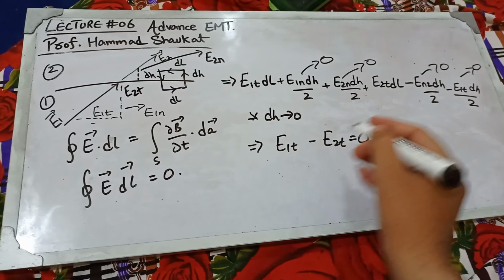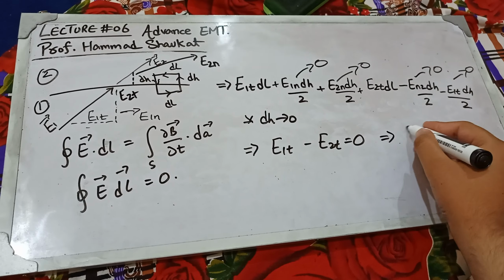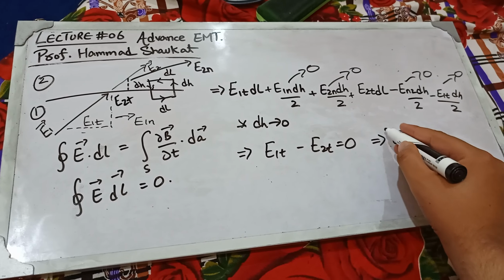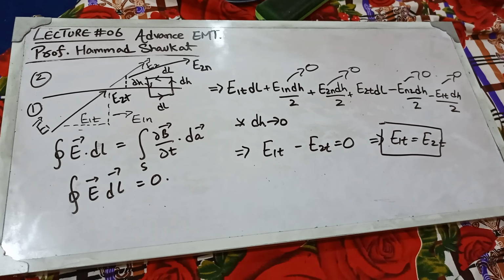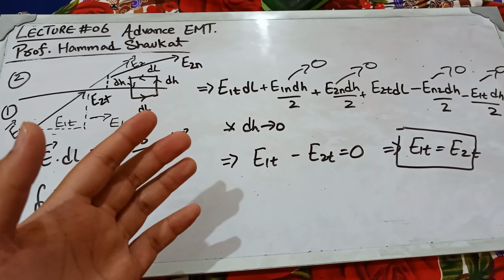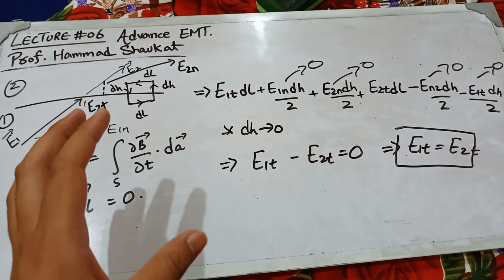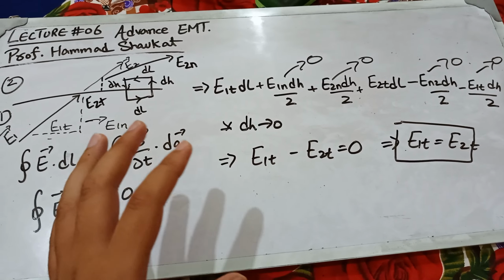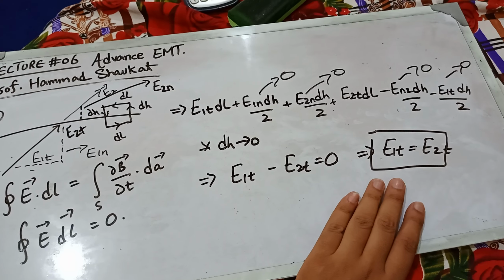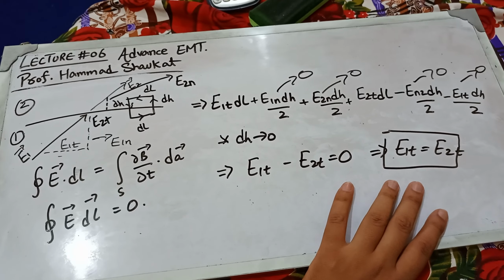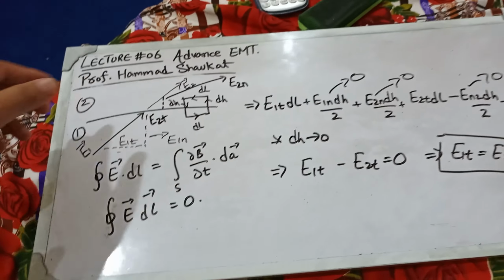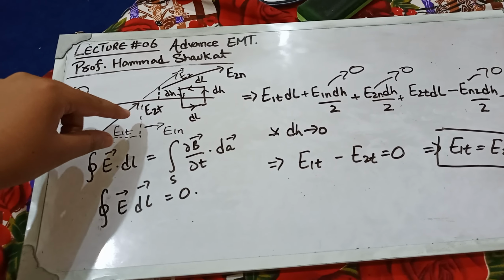What you conclude from this is that e1t equals e2t. This is a very important relation, and it describes that the tangential components of the electric field are continuous, because both are equal. Where are the tangential components?